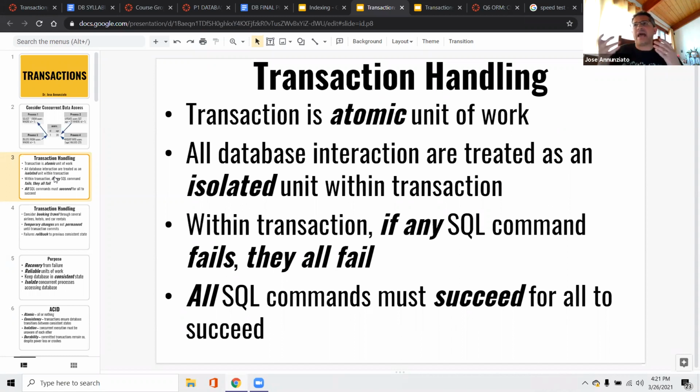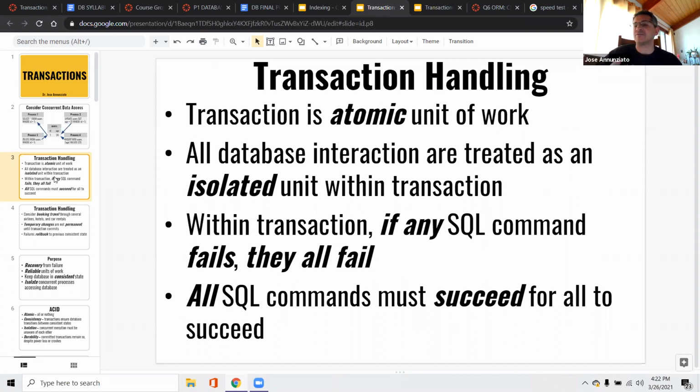They shouldn't have to worry about others. The database should provide a mechanism where each one can be safe and is guaranteed that there is not going to be some inconsistency in the database.